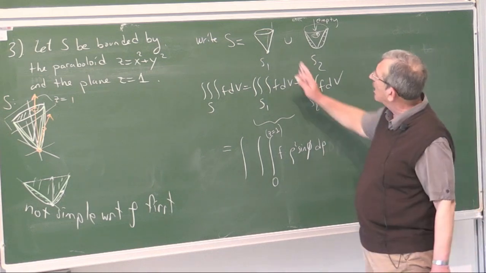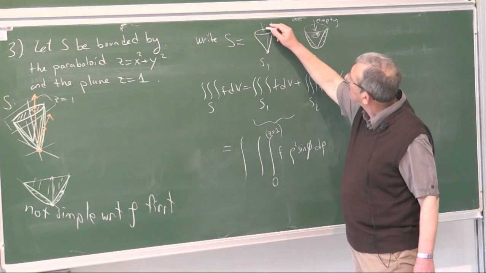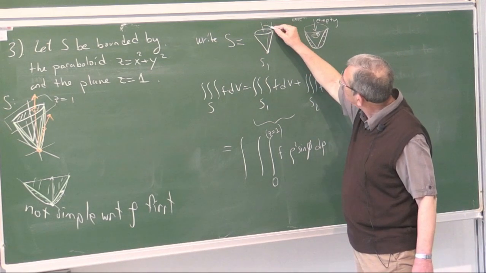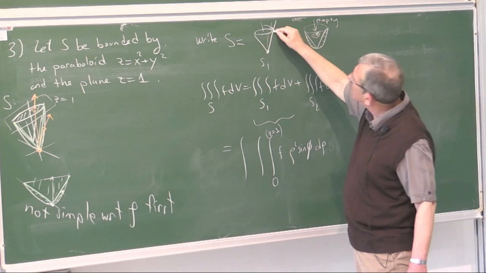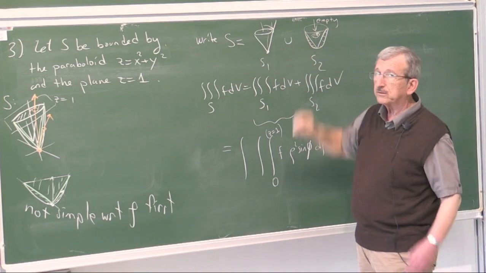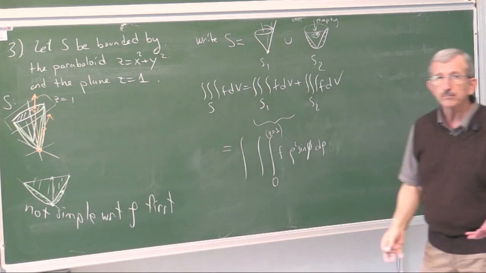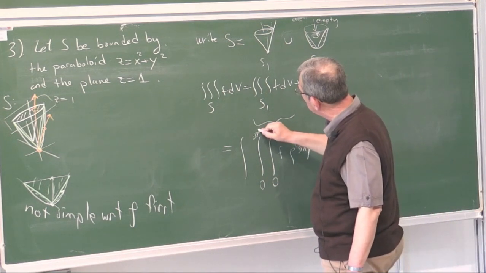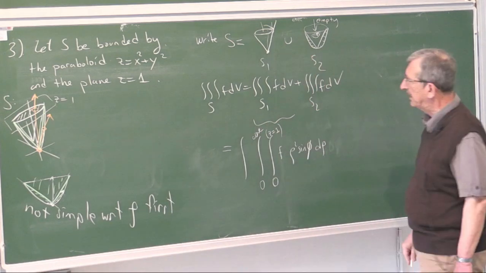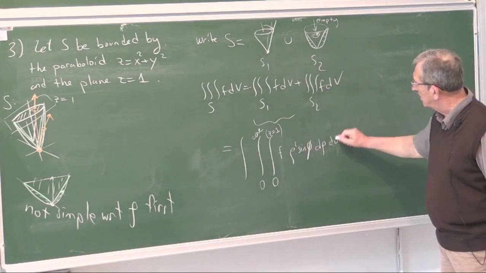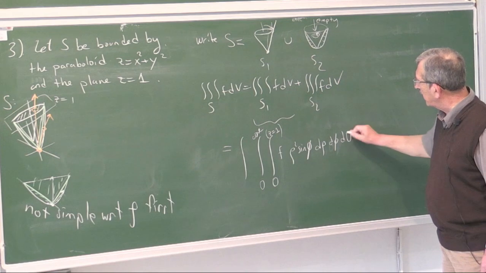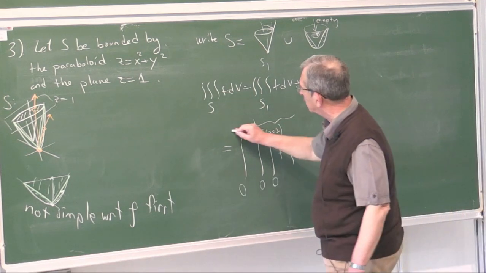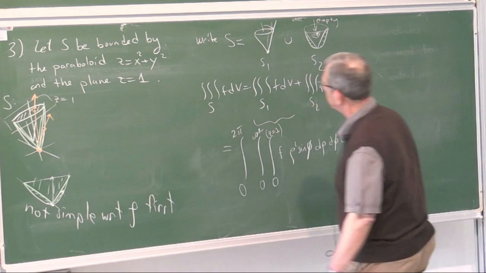Well, in the meantime, phi starts from here, goes up to the edge of the cone, which is to be found. So phi starts from 0, goes up to the cone, and theta makes a complete revolution, so it's from 0 to 2 pi.